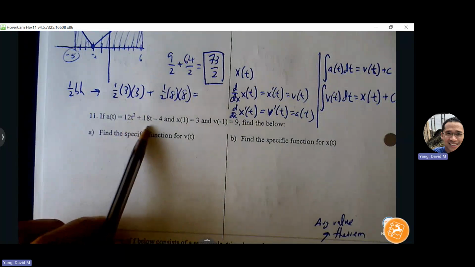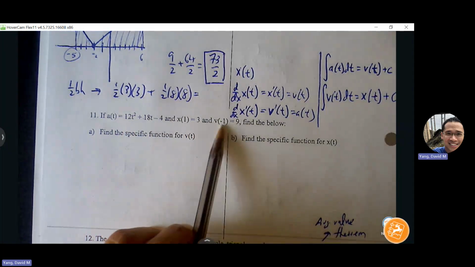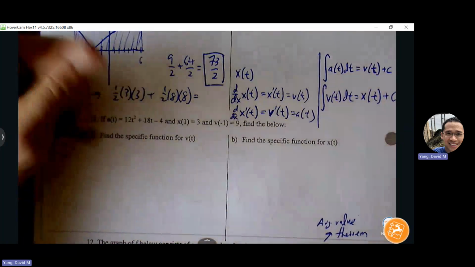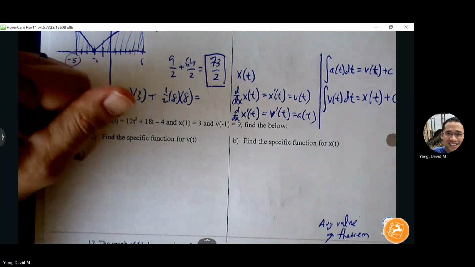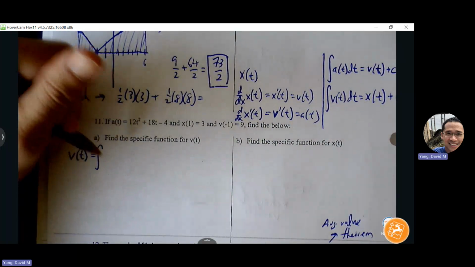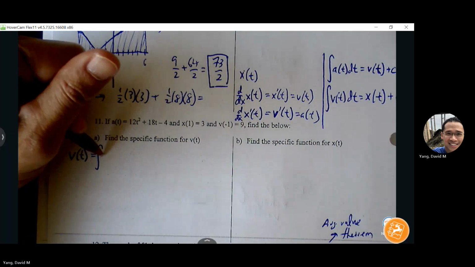11 is: if acceleration is given, and you have two order pairs that will help you solve for c, find it below. So let's find v of t. So we know v of t is just the antiderivative of acceleration.